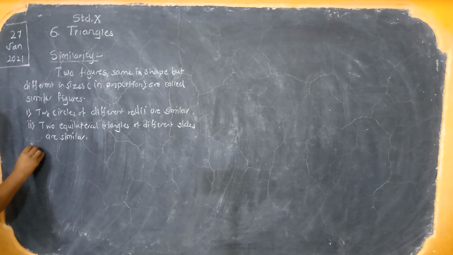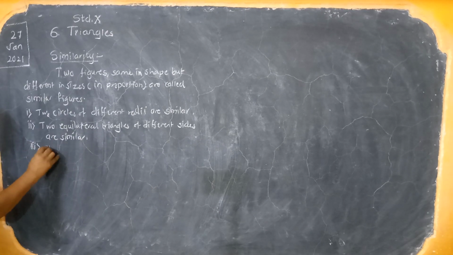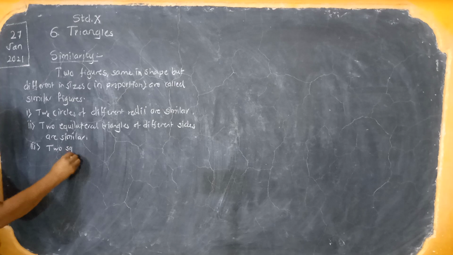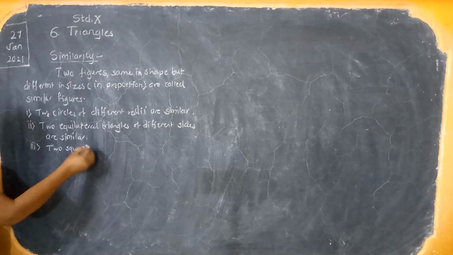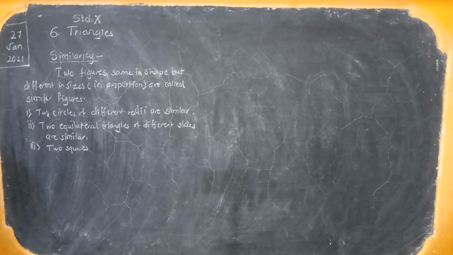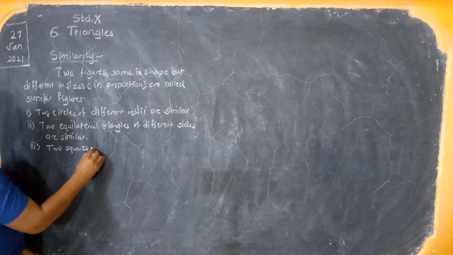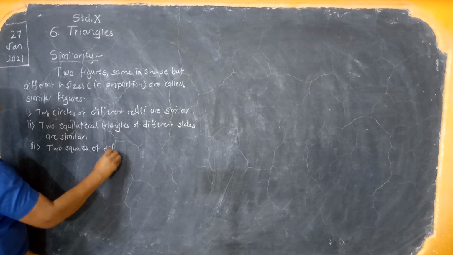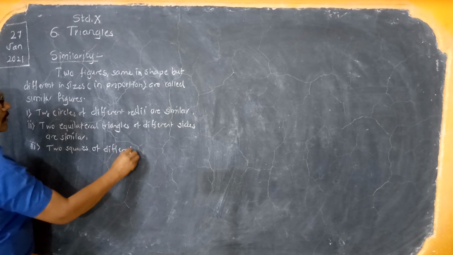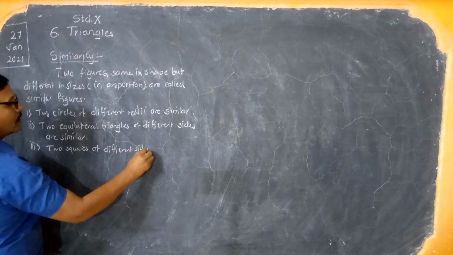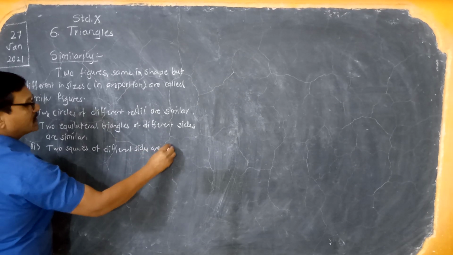Now, how many shapes can you say in this way? Two squares of different sides are always similar. You can write down with me.